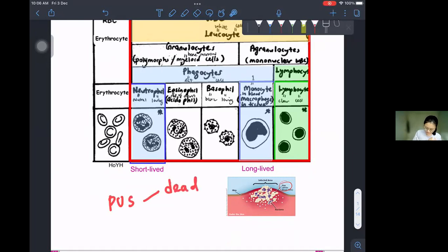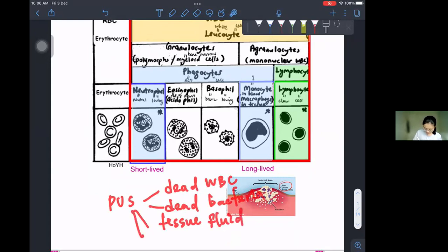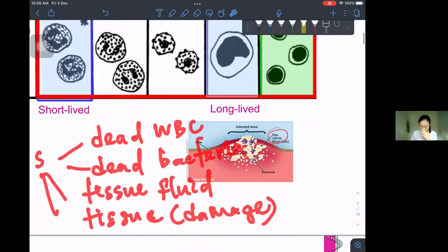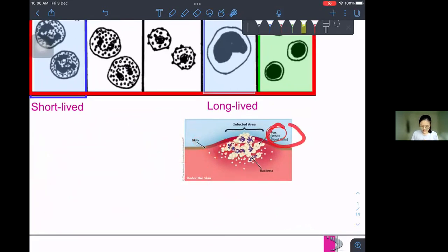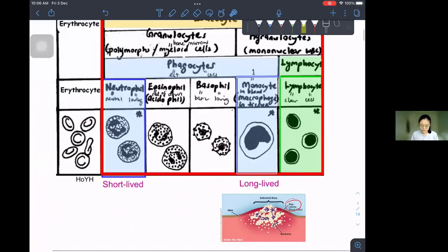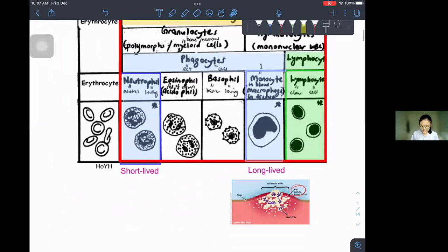This pus consists of dead white blood cells, dead bacteria, tissue fluid, and also damaged tissue. Here is a diagram that shows pus forming under the skin. Monocytes are long-lived, so they will not die after phagocytosis.